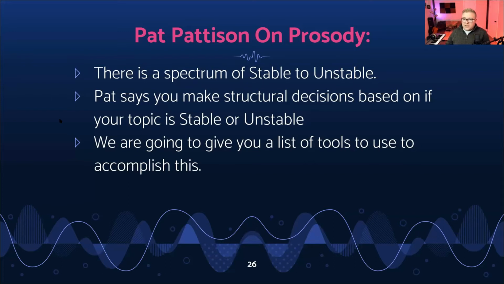That means you may use an odd number of lines, you may not rhyme, you might shorten lines unexpectedly, you might set up something that implies not being stable. We'll go through the actual tools that you have, but that's the idea: thinking about what am I trying to say and how can I make the structure match that?